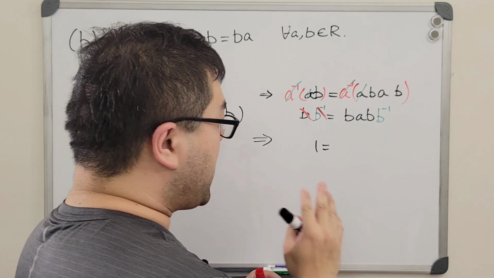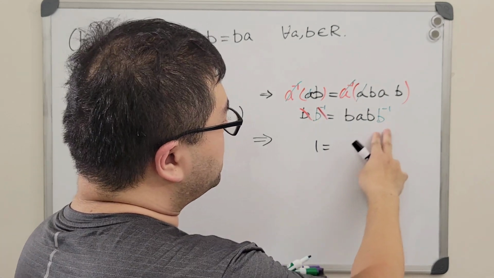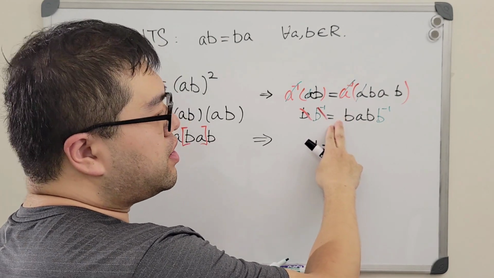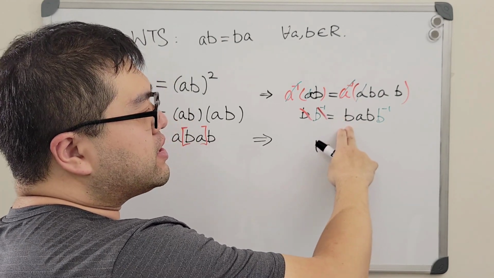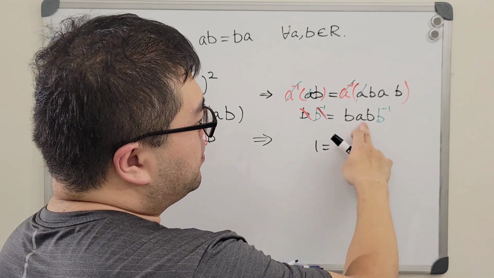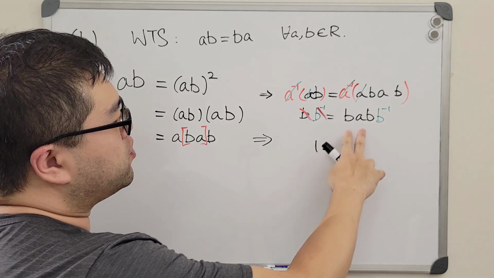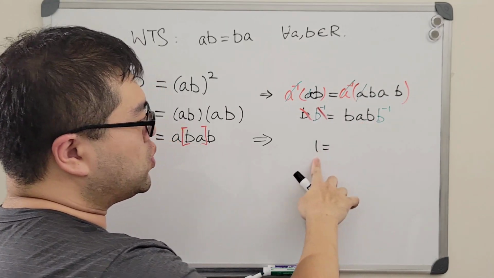Now on the right hand side, suppose we put the B inverse on the left, then it will cancel with the B that we started off with, and then we will get AB back. But that is not what we want to prove. We don't want to show that A times B is equal to 1 here.